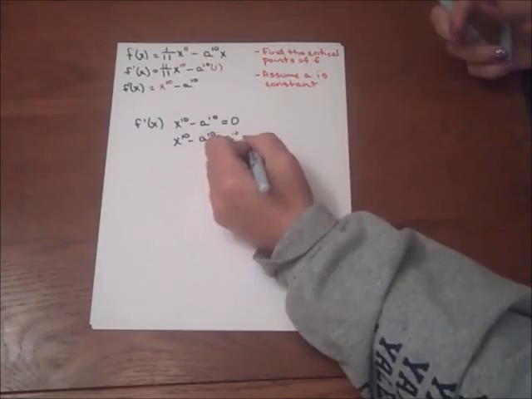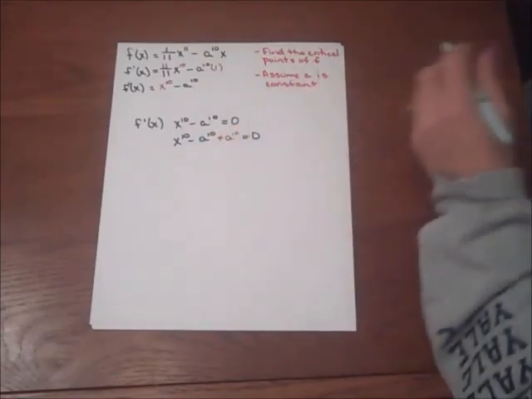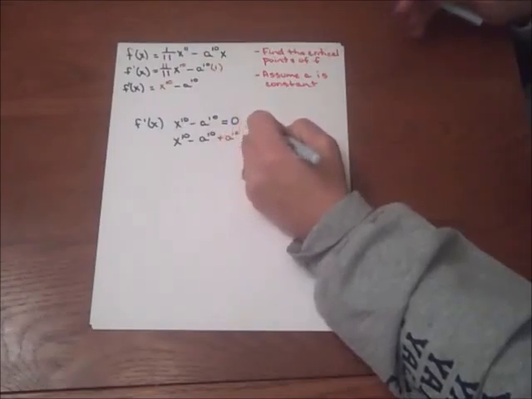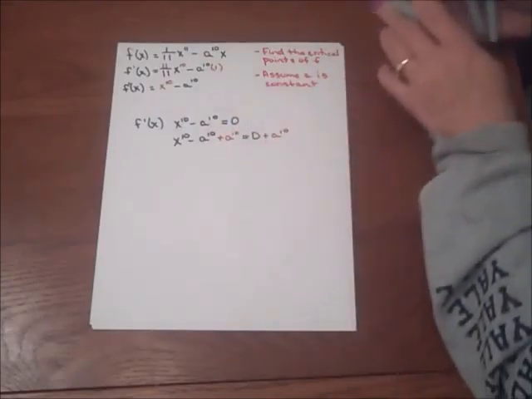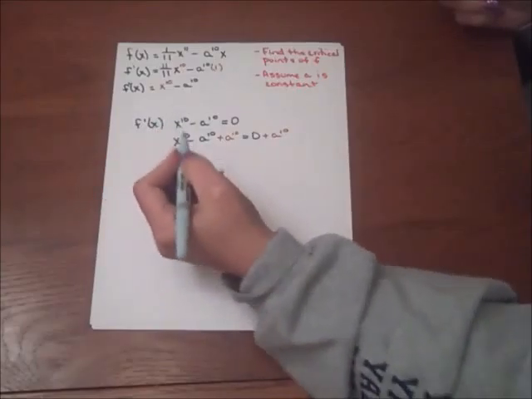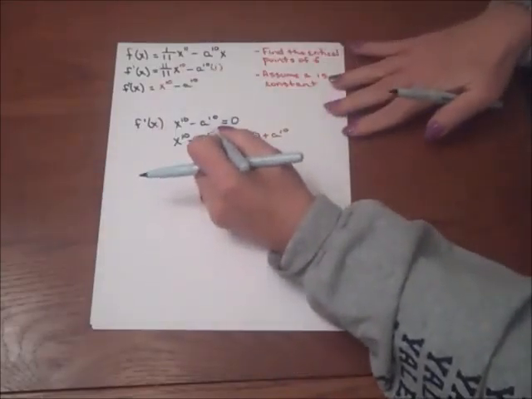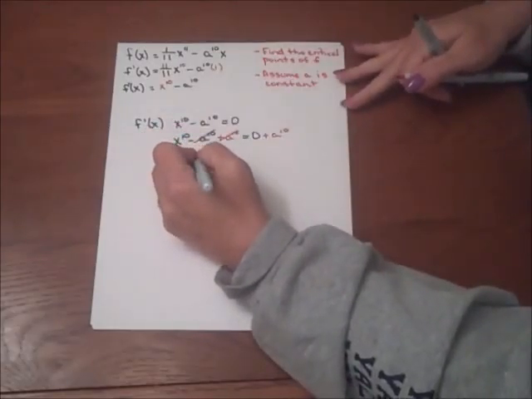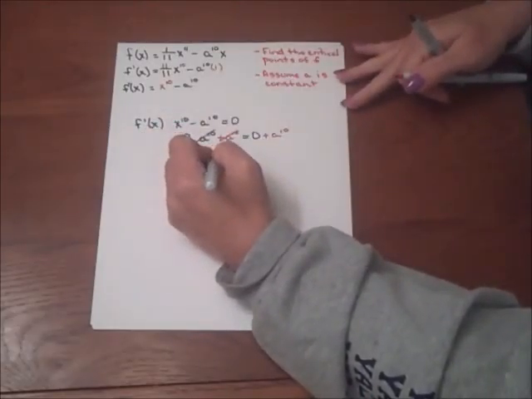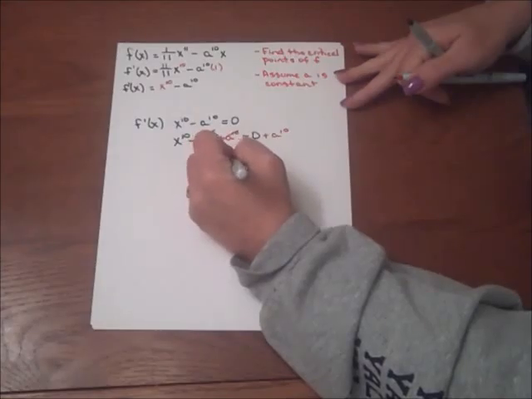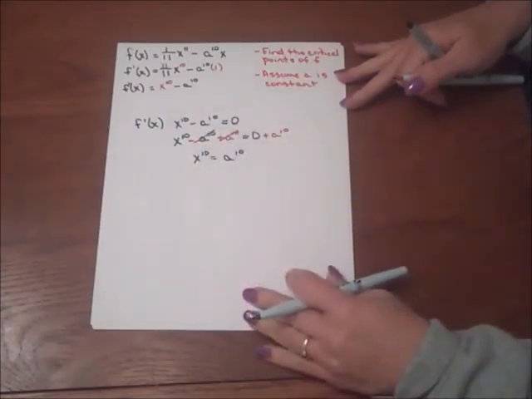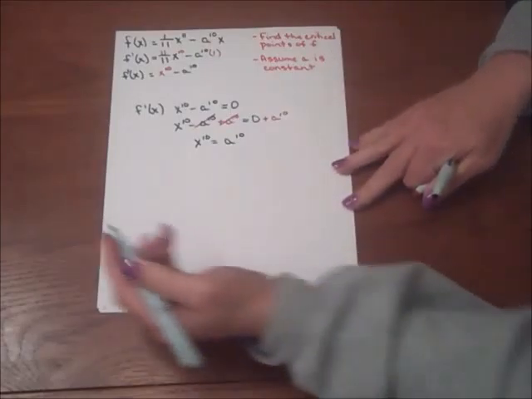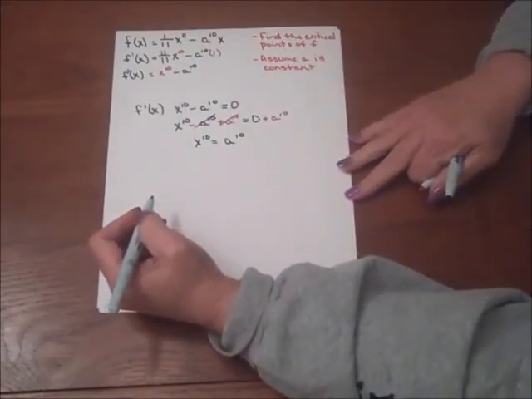Remember, I'm doing all the steps that you can skip. And that equals 0 plus a to the 10th. Once we cancel out these a to the 10ths, we have x to the 10th equals a to the 10th.